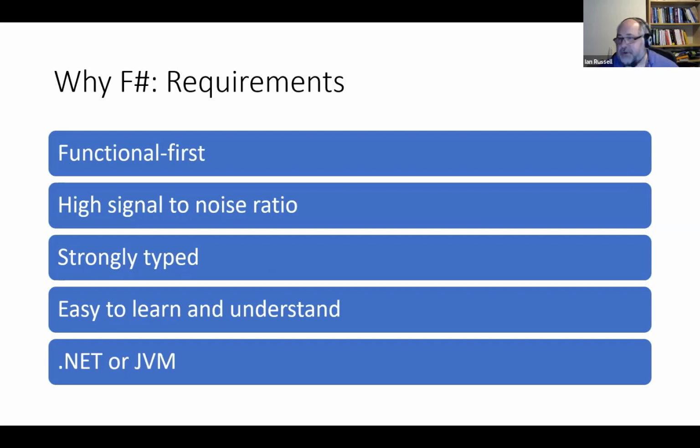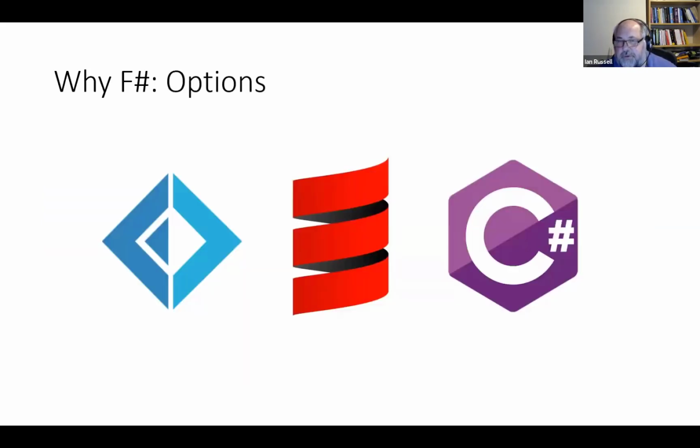So Clojure was out, even though it's a good language. Strongly typed, again, Clojure then goes. So we had to have something on .NET or JVM. So that was a condition for us. We also wanted something easy to learn and understand. So from there, we ended up with 3 core options.